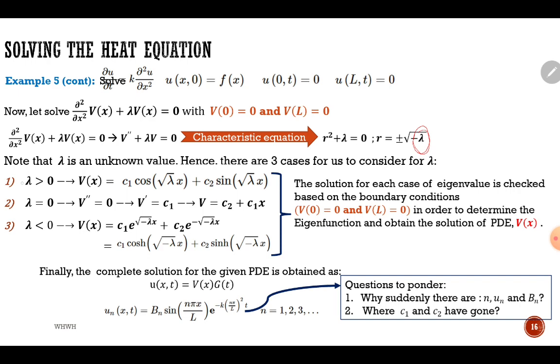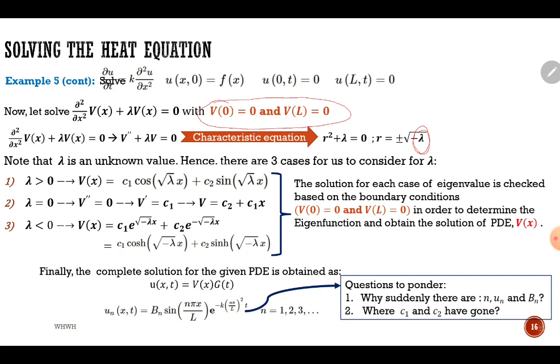There are three possible values of lambda, where lambda more than 0, equals to 0, or less than 0. Okay, so we got to check whether our boundary and the initial condition satisfy the case for lambda more than 0, or lambda equals to 0, or lambda less than 0.